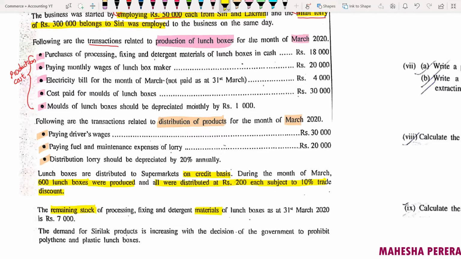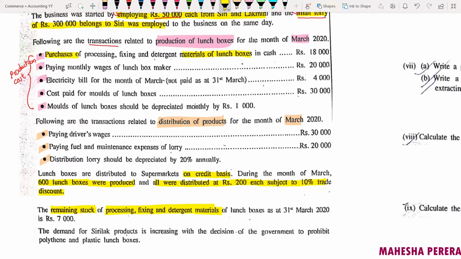Now, can you see here? It says purchases of fixing, processing, fixing, and detergent materials of lunch boxes. So the same words are here, right? Can you see? So these materials remain in stock.